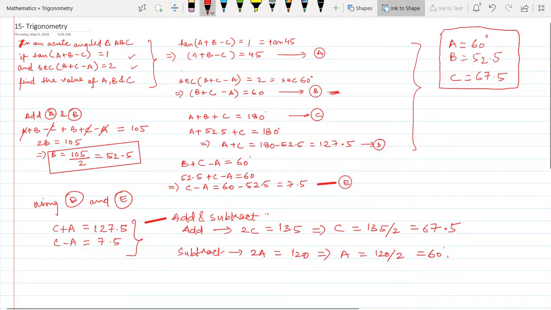Which are the three conditions? Condition A is A plus B plus C is 180 degrees. Yes, it is satisfied. If you add A plus B plus C, you get 180 degrees. You look at your condition B, which is B plus C minus A. So B plus C gives you 120 degrees, minus A, that is 60. 120 minus 60 is 60.